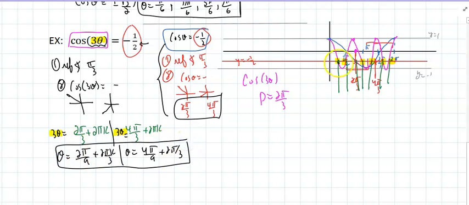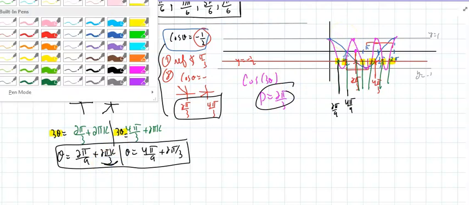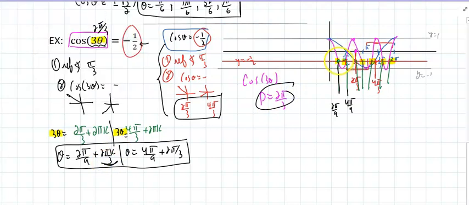At k equals 0, that tells me this is 2 pi over 9, and this is 4 pi over 9. And if you add a period, which we agreed was 2 pi over 3, if I add a period, I will get the next time that happens, and the next time that happens. And if you take 4 pi over 9 and add a period, you'll figure out when that happens again and when that happens again.